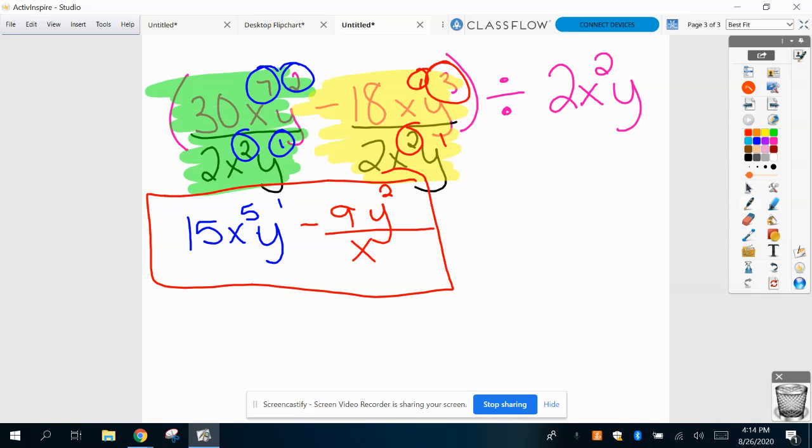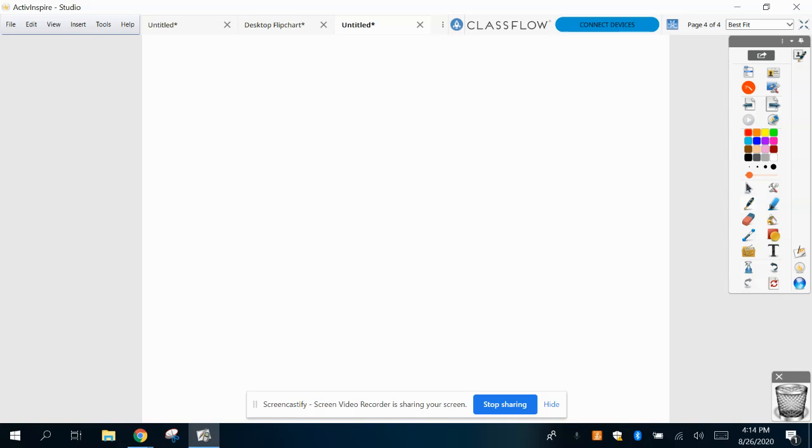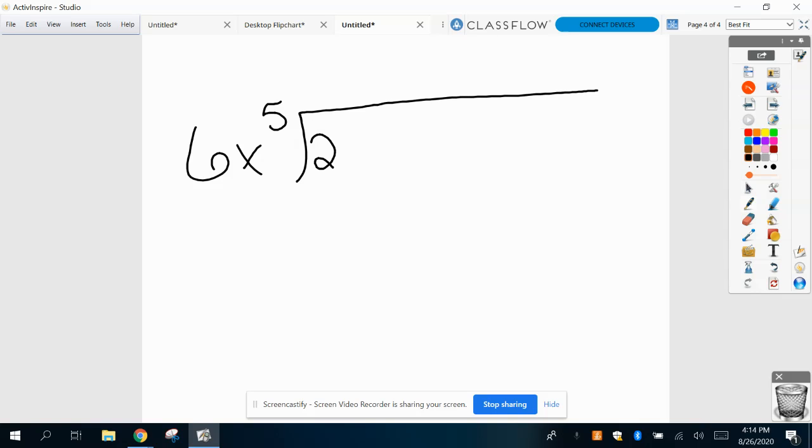There's one more way we can see division, so let's look at one more. Okay, and that's with our sort of division sign we saw way back when.